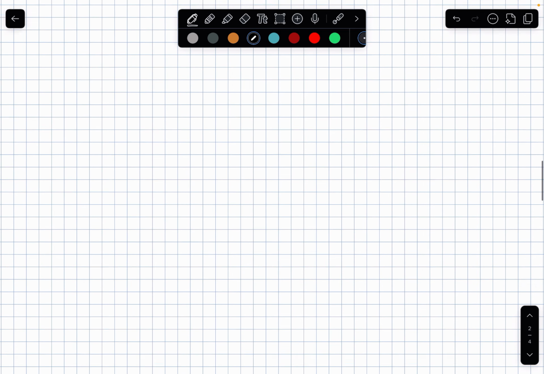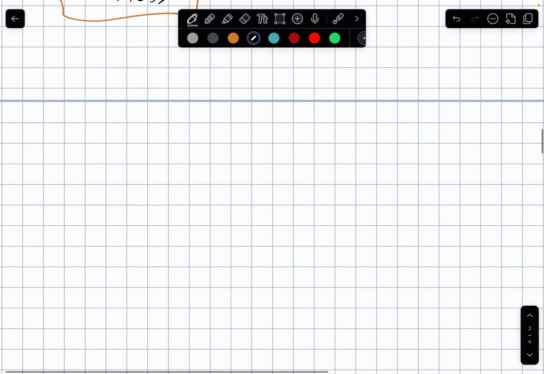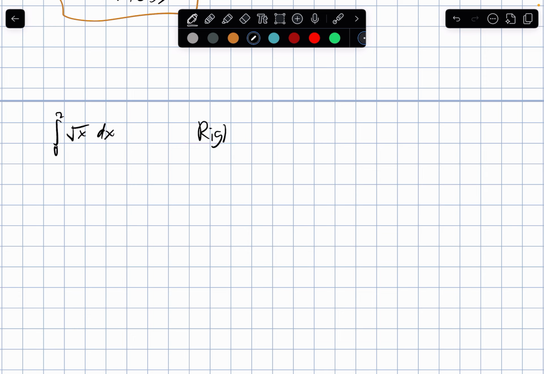To be more formal with what I'm saying, what if we wanted to solve the same problem, from 0 to 2, no? Square root of x dx. Right point at saka left point. We're still in rectangular method, no? This is on the rectangular method, rather.